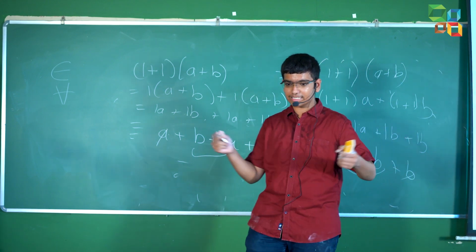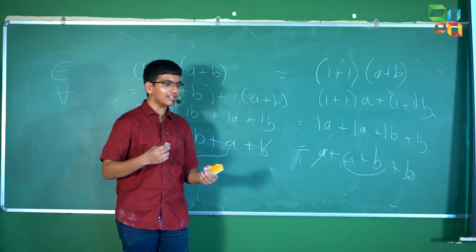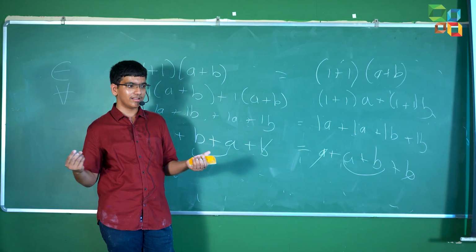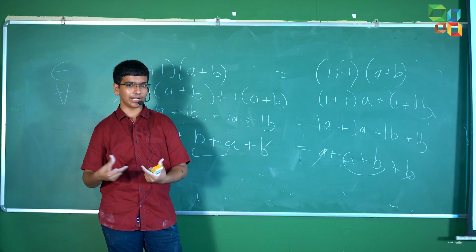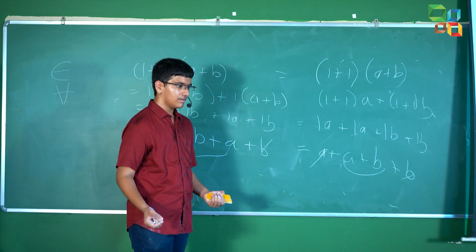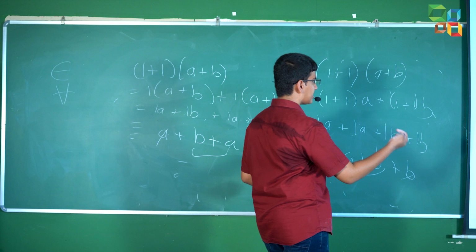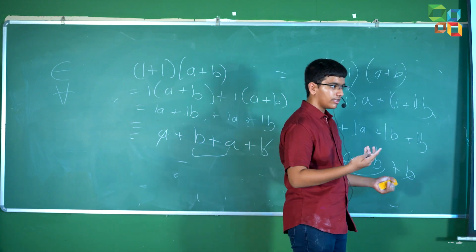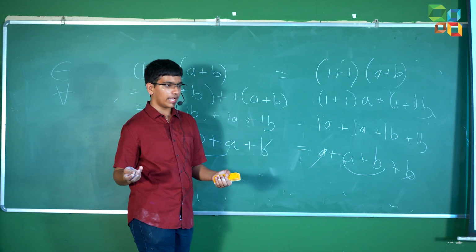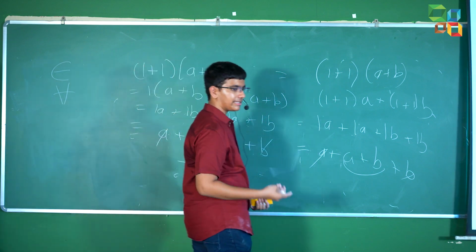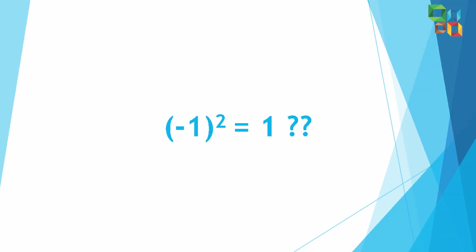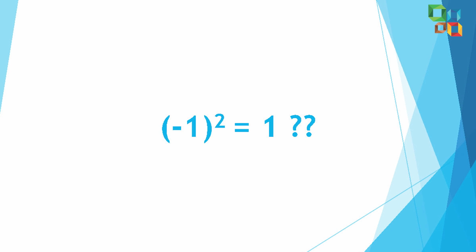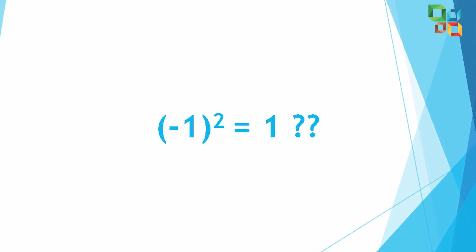You've always learned that. It's not intuitive that it's true. Why should two negative numbers multiply to get a positive number? It turns out you can in fact prove it using distributive law. That's the same as doing negative 1 squared is 1, negative 1 into negative 1 is 1. We'll prove that right now.